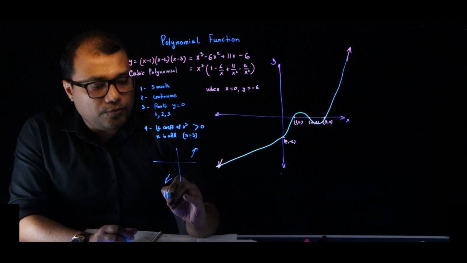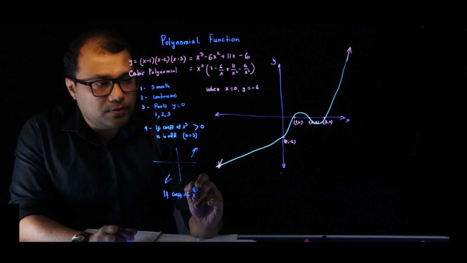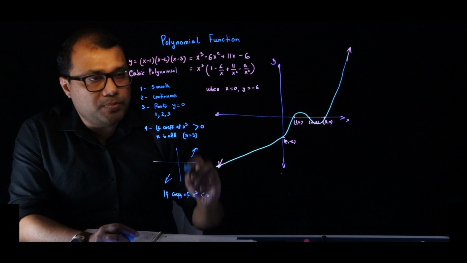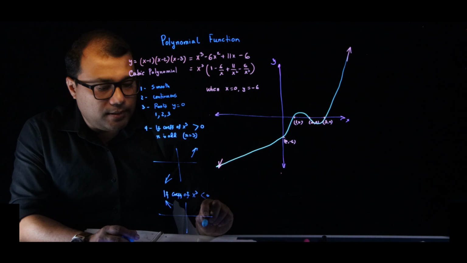Similarly, if coefficient of x cube was less than 0 and in this cubic polynomial n is odd, then the graph would have been like this.